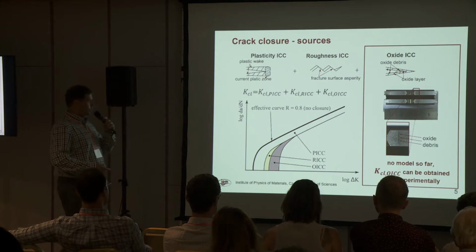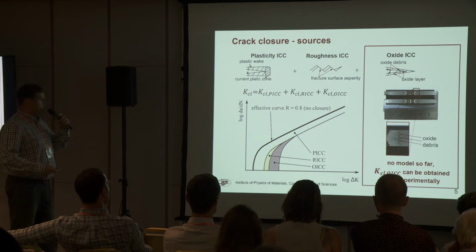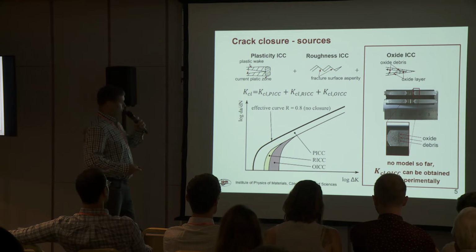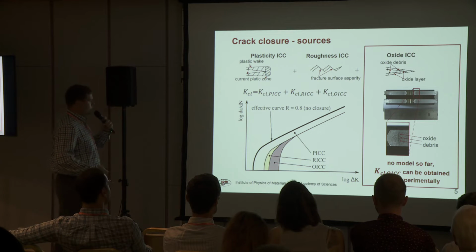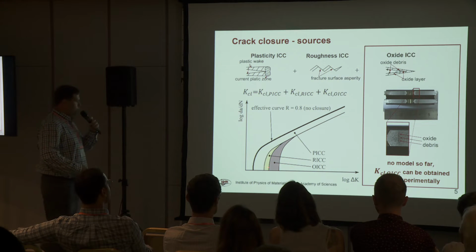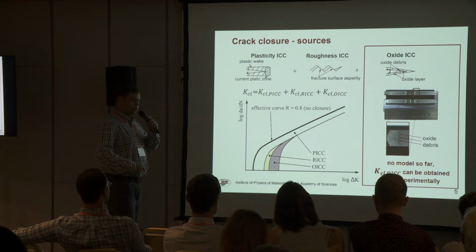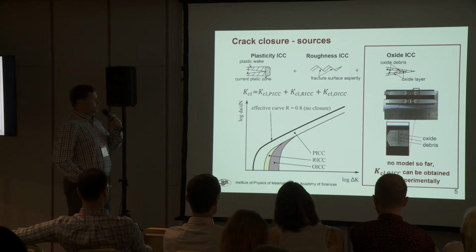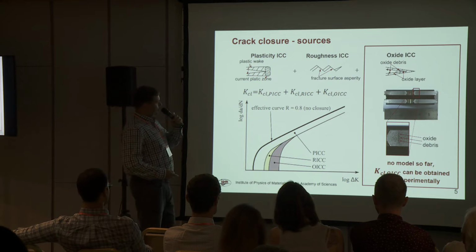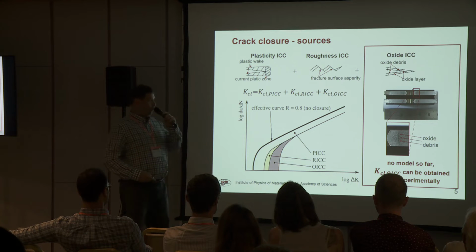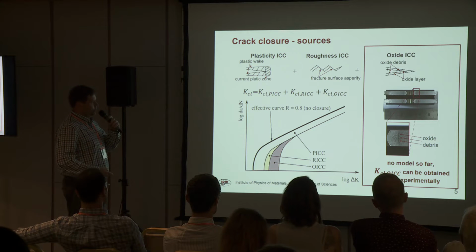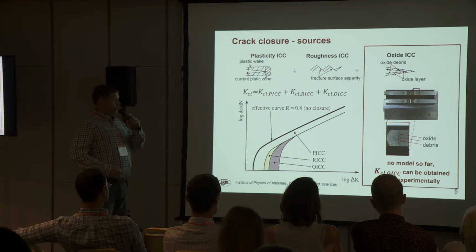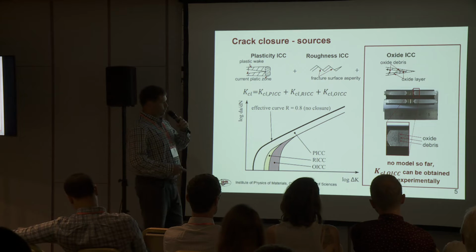But in reality, we have the presence of other sources of crack closure, such as roughness and oxide. And as you can see in this graph, the roughness and oxide-induced crack closure are significant in the threshold area. The clue that oxide-induced crack closure is present in our Ravel Exo EA40 is that we can generally observe some oxide debris at the surfaces of our specimen.